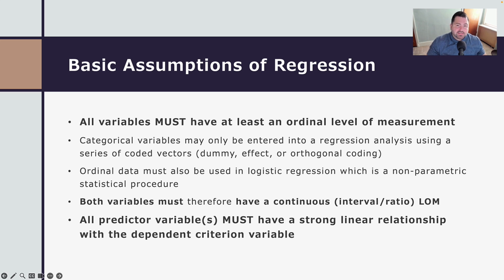The first thing is that all variables, meaning the predictor and the criterion, have to be at least an ordinal level of measurement. Yes, that's right, I said ordinal level of measurement. Although we would prefer interval or ratio level of measurement, regression really works with ordinal level data because you have it organized from smallest to largest.